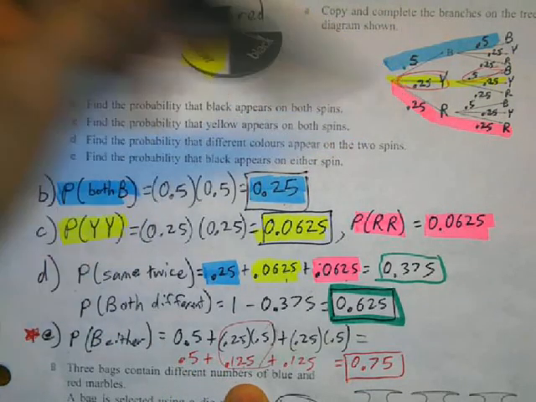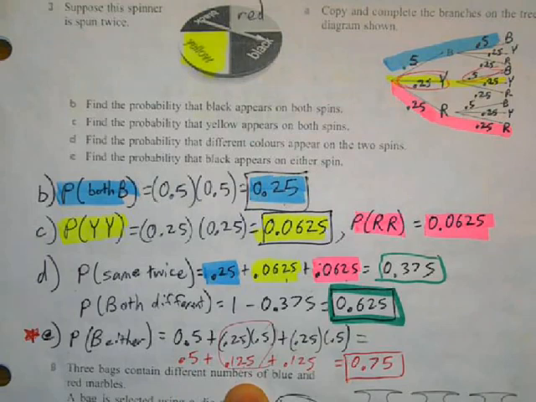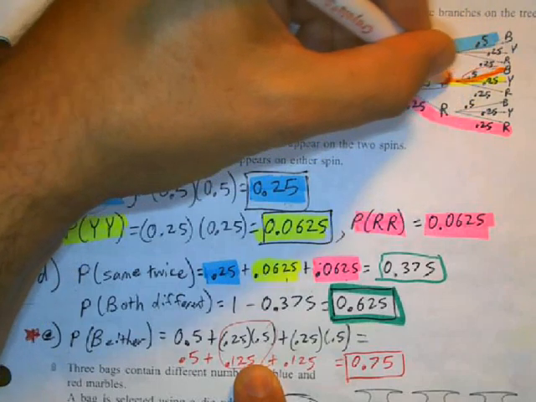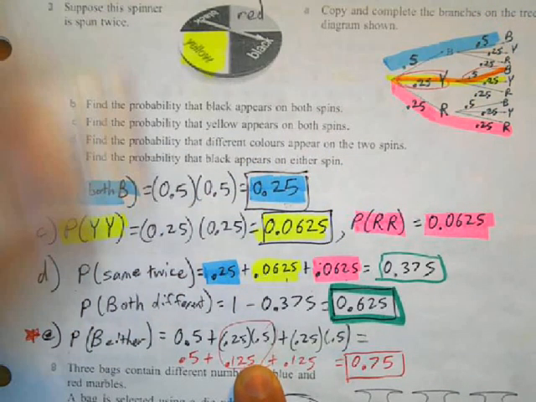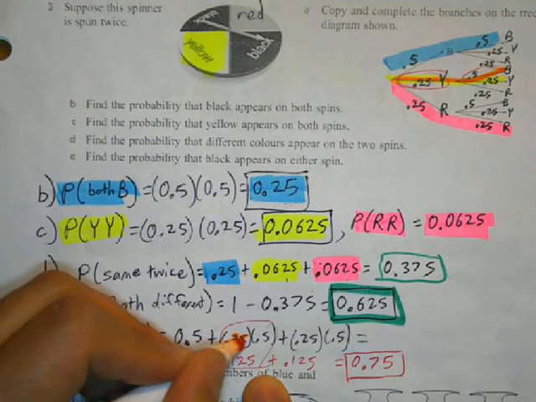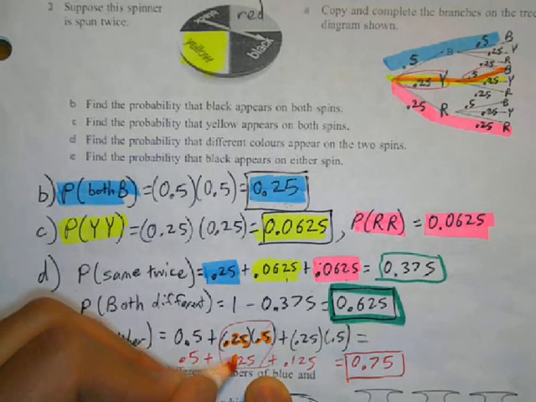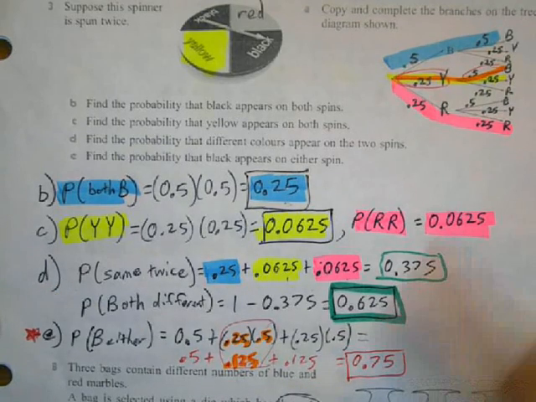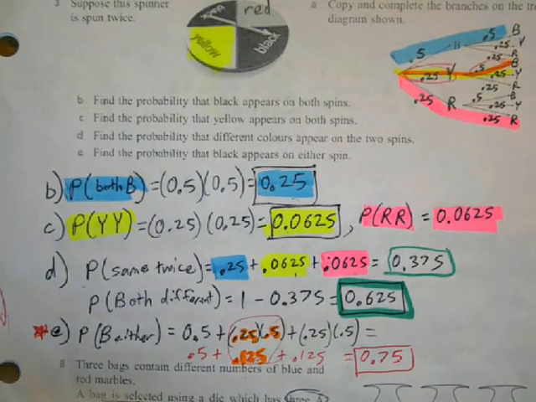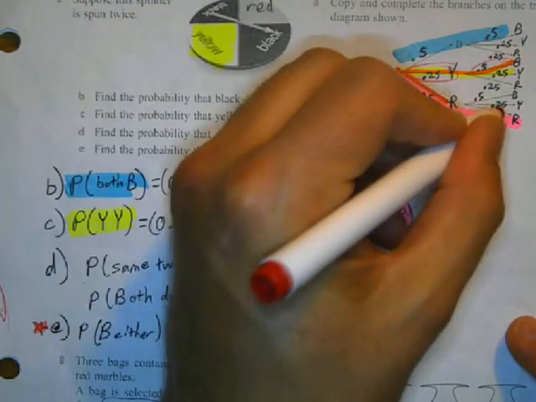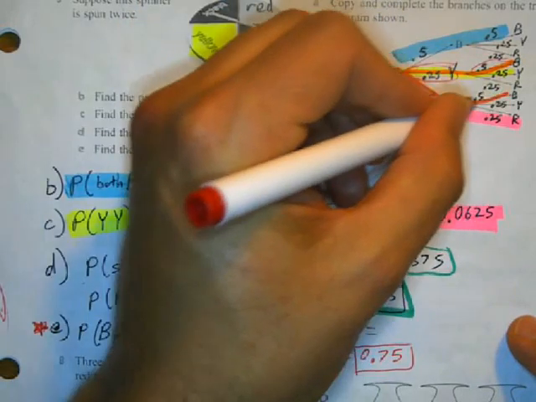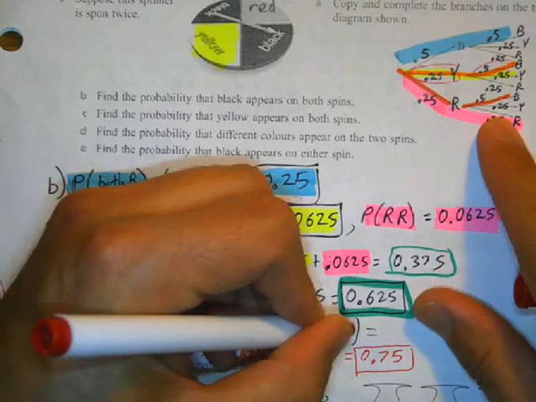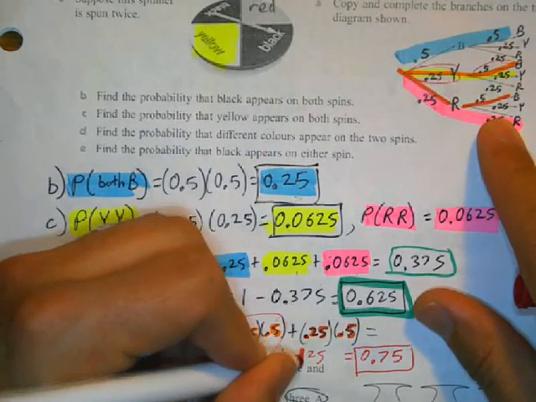Now, if I look at this one, if I want to get black going this pathway, it's going to be 0.25 times 0.5, and that's going to give me 0.125. And if I look at this additional pathway, if I get red and black, I have 0.25 times 0.5, and that's going to give me 0.125.